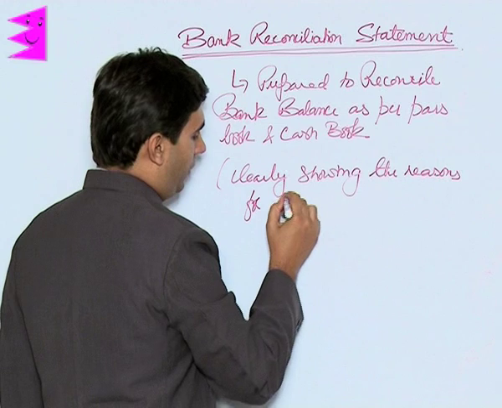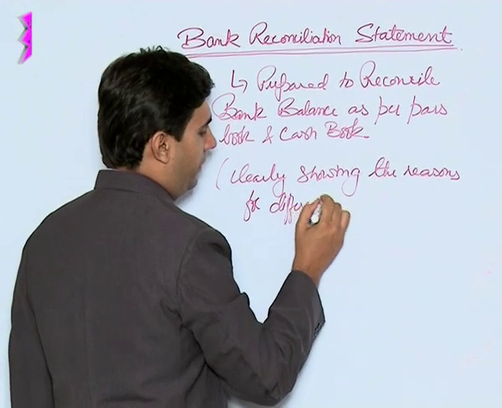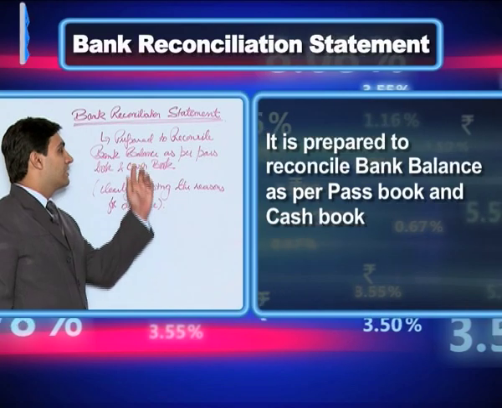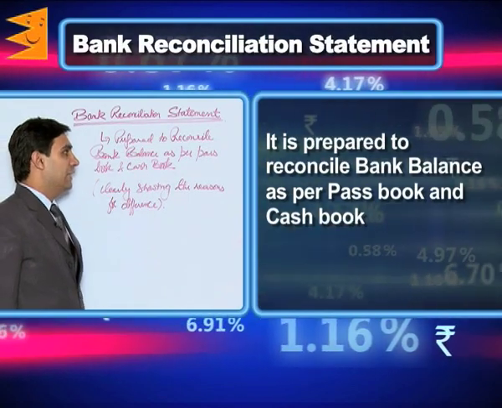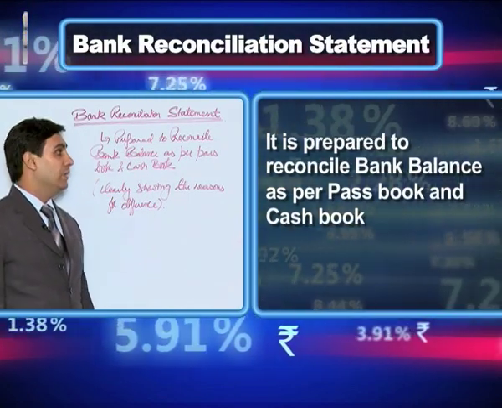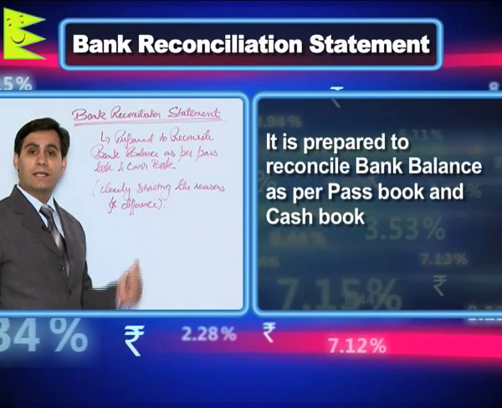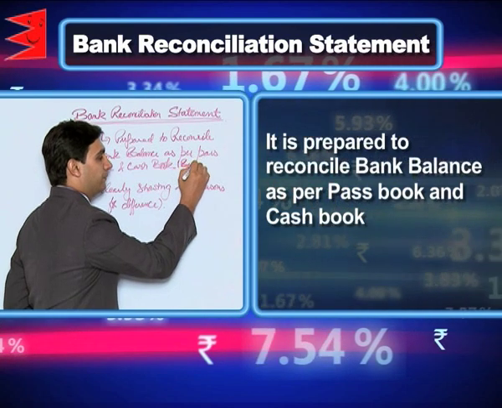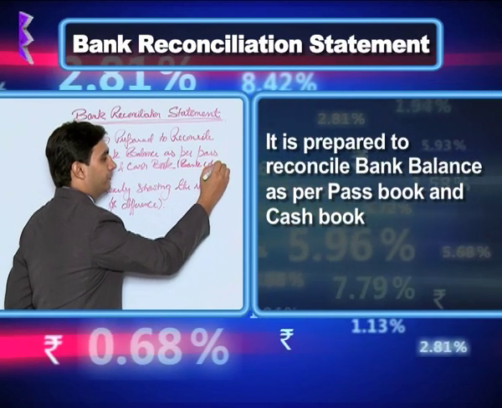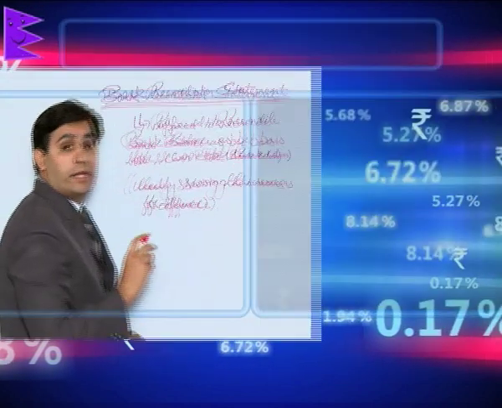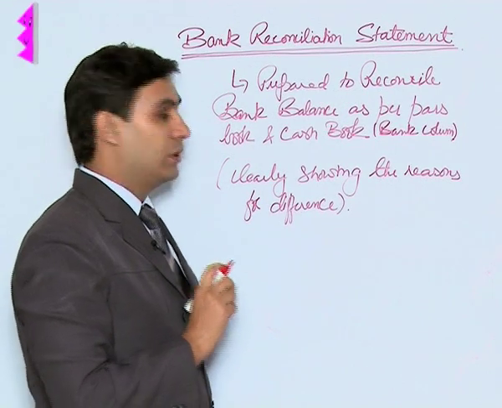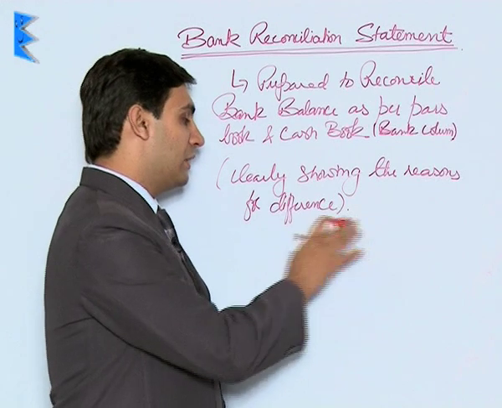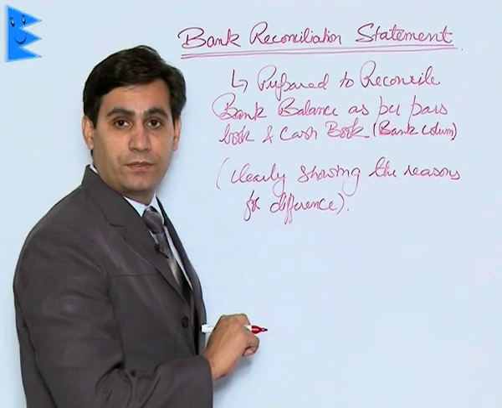So it is a statement which is prepared to reconcile the bank balance as shown by the passbook and as shown by the cash book. By cash book we mean the bank column only. And it should clearly show the items or the transactions or the events which were the reasons for difference.